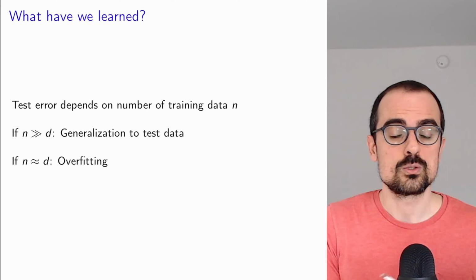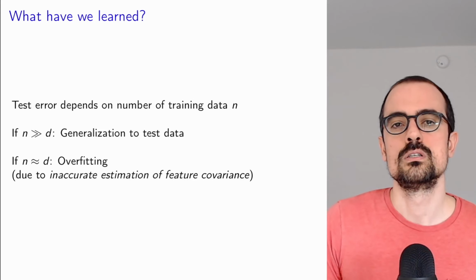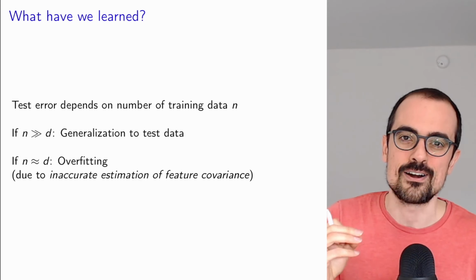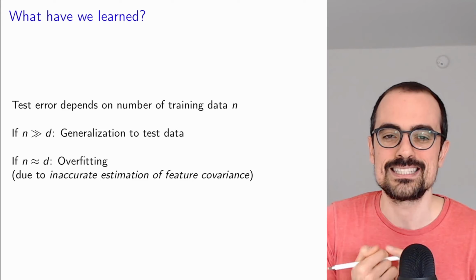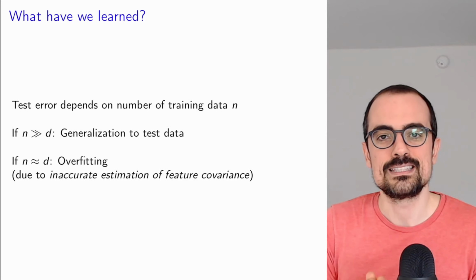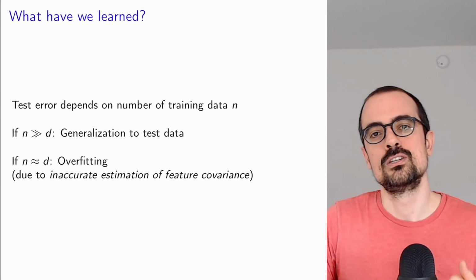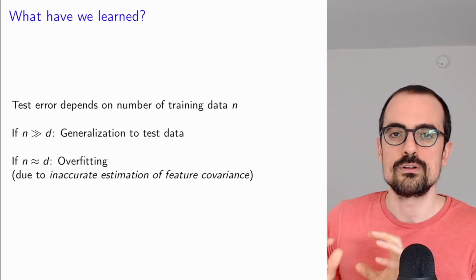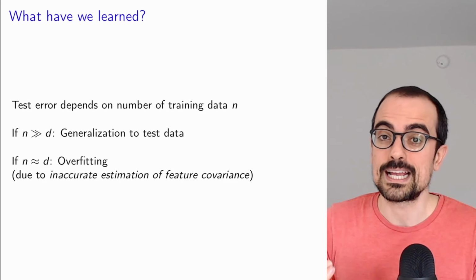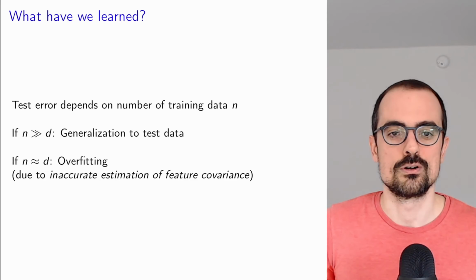We don't generalize well to held out data, and interestingly, this is not only because of coefficient error, it's also because of the inaccurate estimation of feature covariance, because we don't have enough training data for the sample covariance matrix of the training data to truly reflect the covariance structure of the features. If that were the case, then it would cancel out the coefficient error.